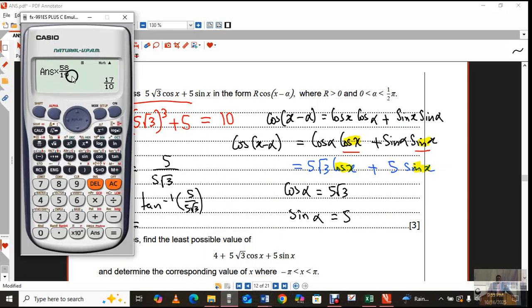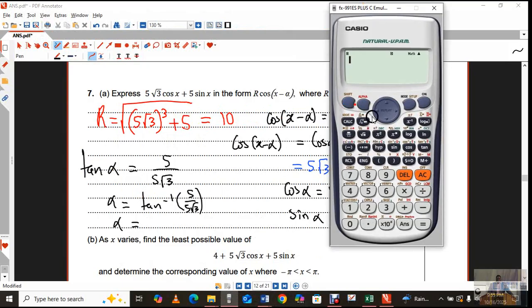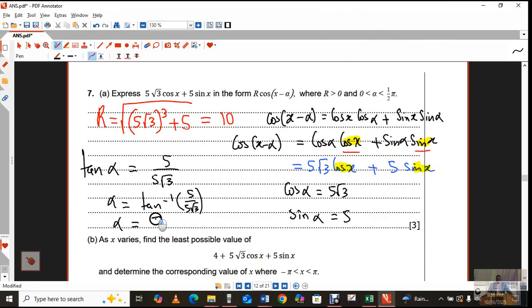So we are finding the inverse tangent of 5 over 5 root 3. It's 30 degrees. I'm even saying degrees; we are supposed to have it in radians. 30 degrees is pi over 6 radians. So alpha is pi over 6 radians.